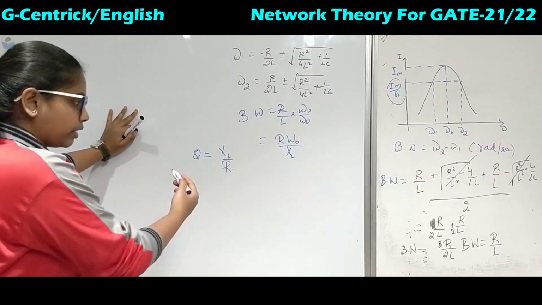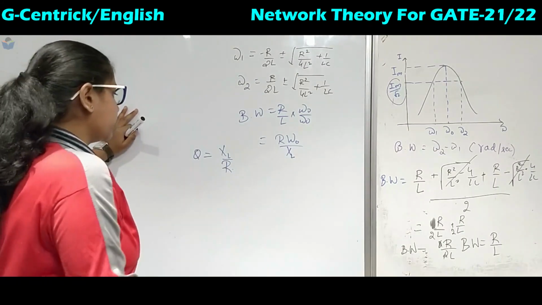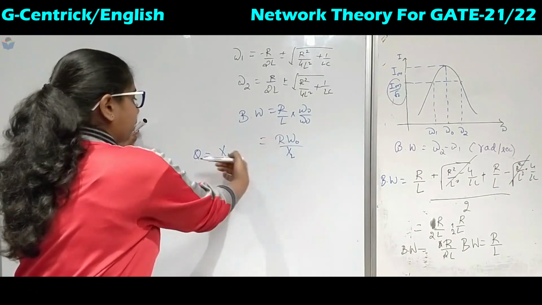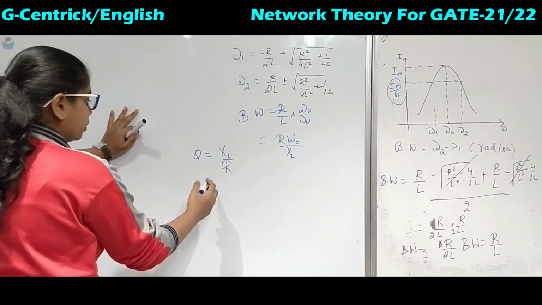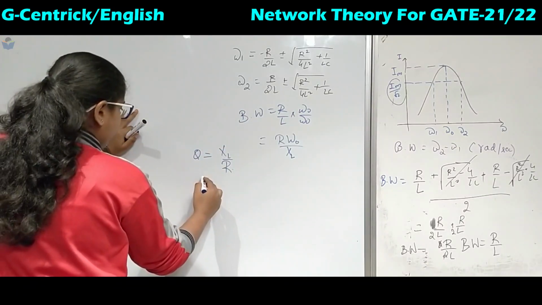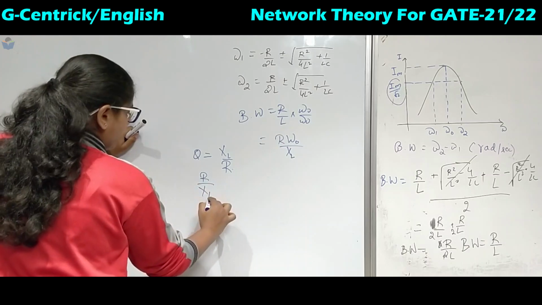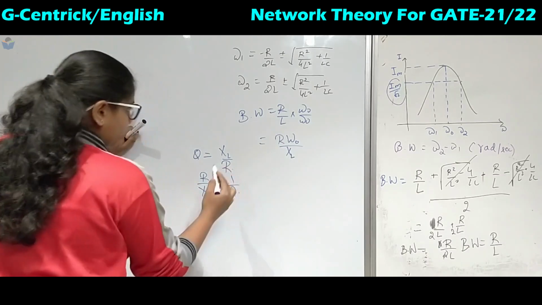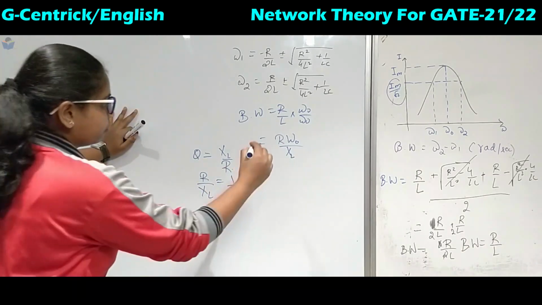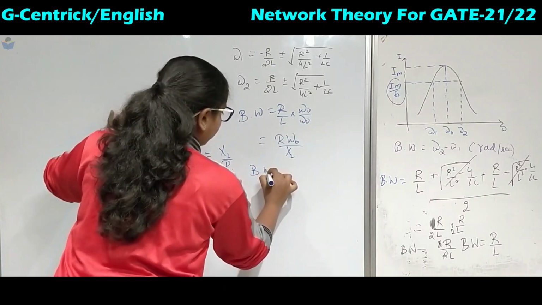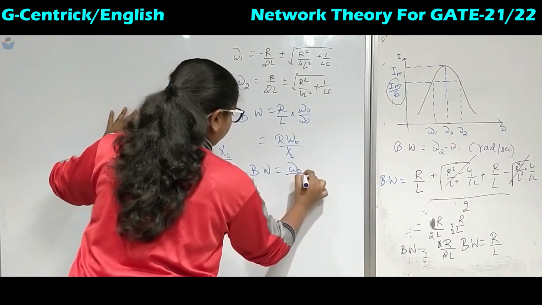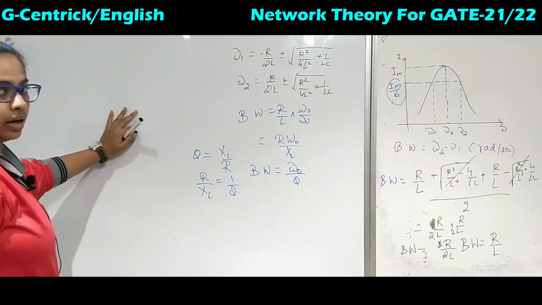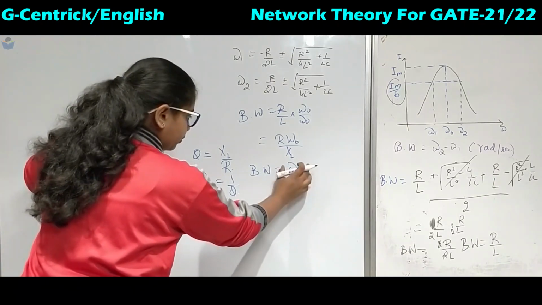We derived this in the previous lecture. Now, here you have R by XL, so R by XL equals 1 over Q. If I replace it here, the bandwidth will be omega naught upon Q. This is with respect to quality factor.